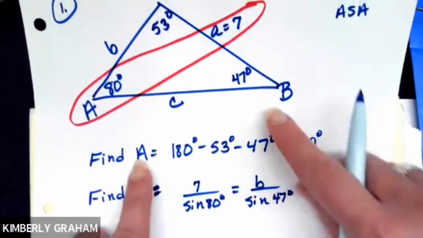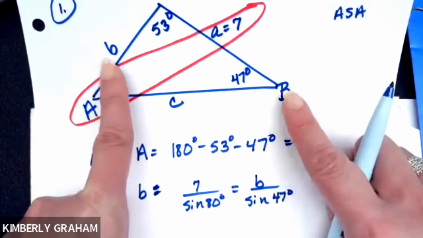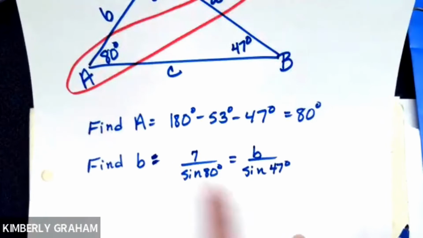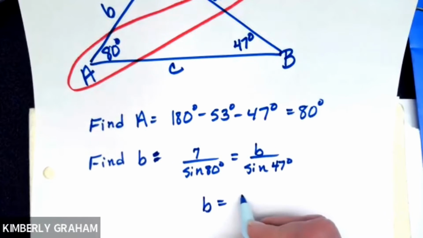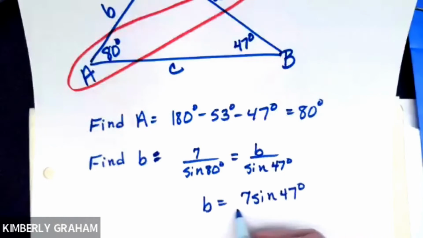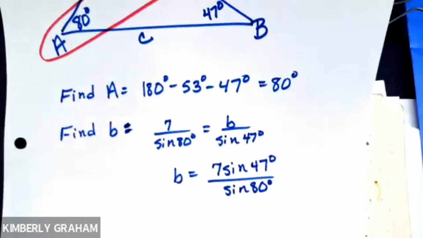Right? This angle side pair and this angle side pair are in proportion to each other. So I just need to solve this. So B is going to be 7 times the sine of 47 degrees divided by the sine of 80 degrees.